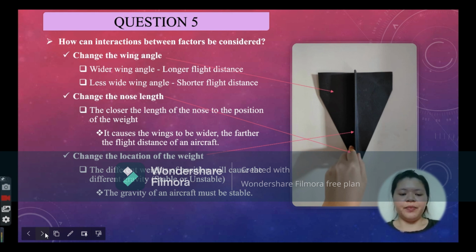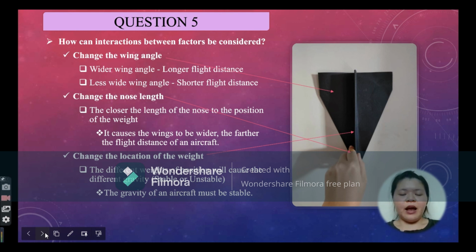of an aircraft. But another interaction between the factors that can be considered in the Taguchi plane experiment is to change the location of the weight. In fact, the flight distance and fall time of an aircraft are highly dependent on the gravity of an aircraft. This is because different weights will cause different gravity. For example, if the airplane is unbalanced, it causes the aircraft to be really difficult to fly, and in turn causes the flight distance to be short and the fall time to be fast.